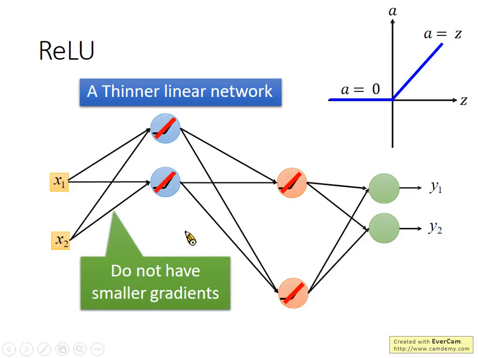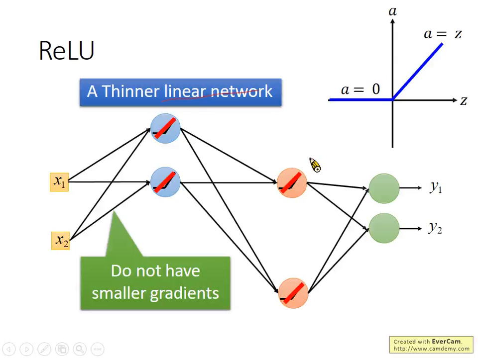Okay, so when we use ReLU, that means we construct a thinner linear network. Okay, and the smaller gradient is not passed to the next layers. Based on a different value of the input, it seems that we adaptively remove part of the nodes.